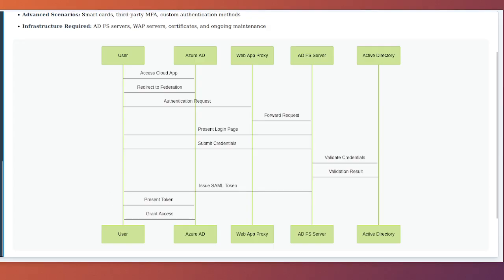Monitoring is critical to detect and respond to issues quickly because any problem with the Federation infrastructure affects user access to cloud services. Despite this complexity, Federation provides maximum control and flexibility, making it the right choice for organizations that need those capabilities and have the resources to manage the infrastructure.